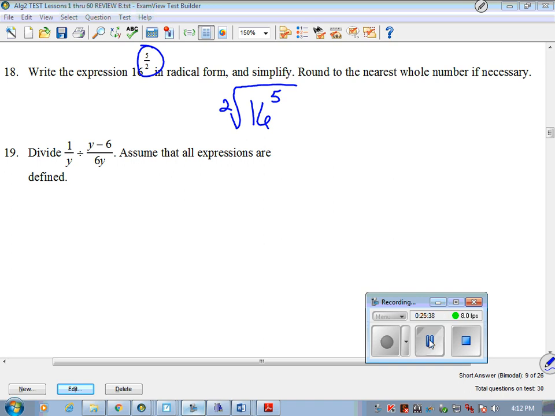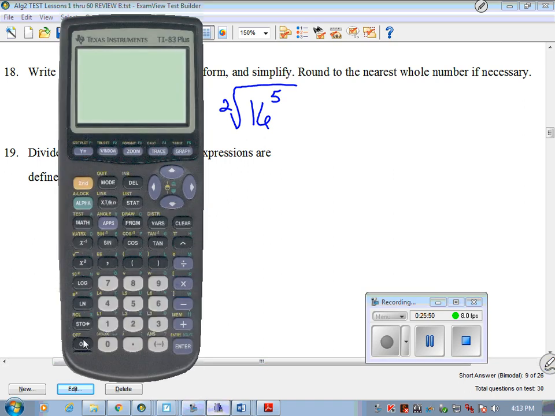All right, and for lack of a faster way to do this, I do want you to show this because it did say write it in radical form. So this is our radical form, but from here, the rest of this is just done in our calculator. So we're going to hit square root of 16 to the 5th and close that up, and we're going to see that our answer is 1,024.